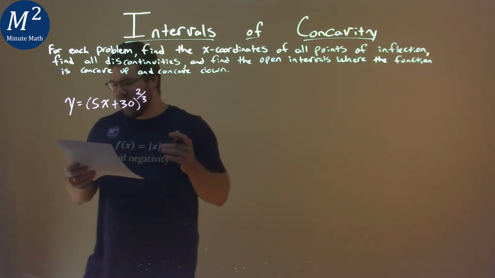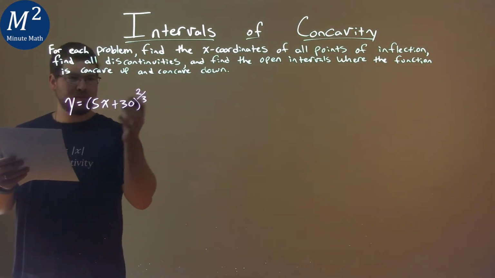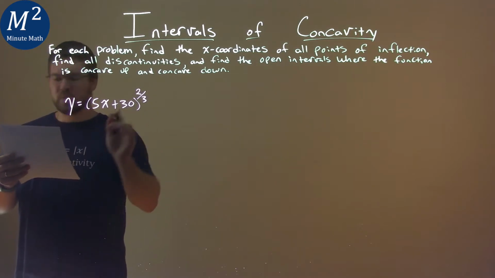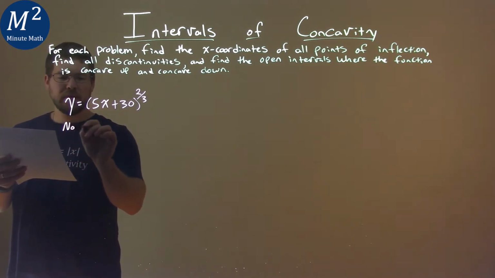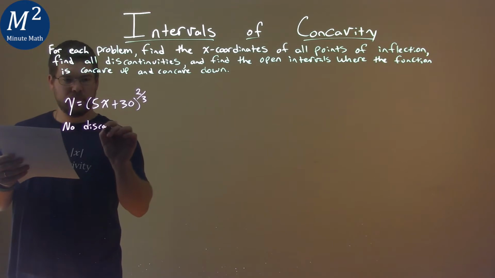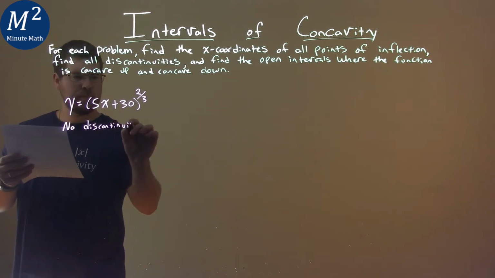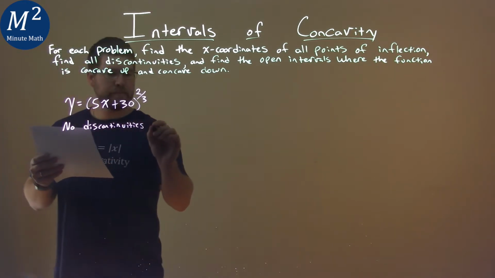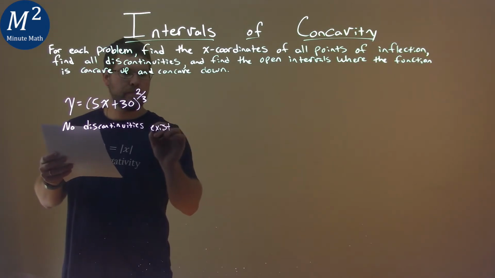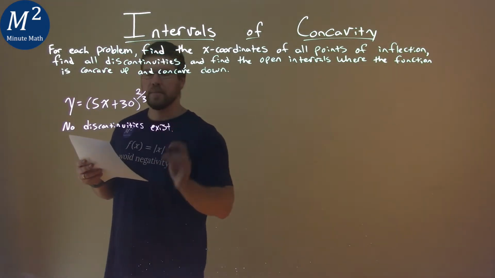So right off the bat, we know that we're taking the third root and then squaring it. We have no discontinuities. So no discontinuities exist here.